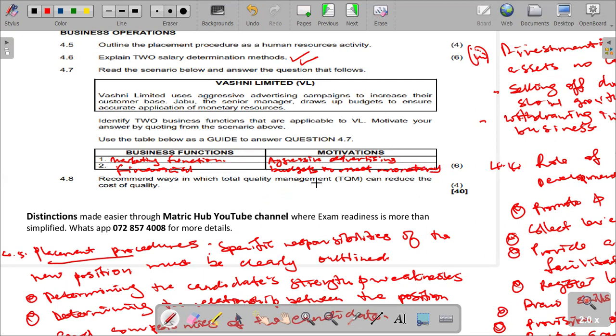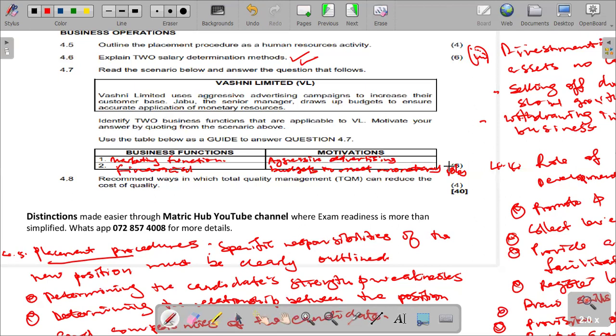So there is financial function and marketing function.